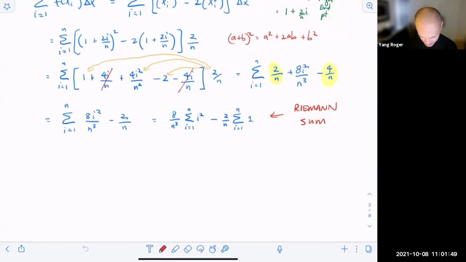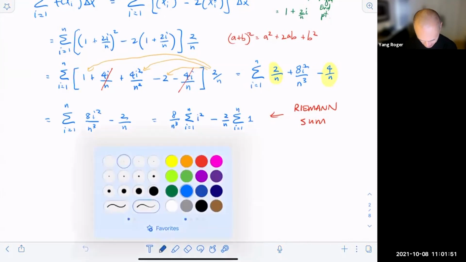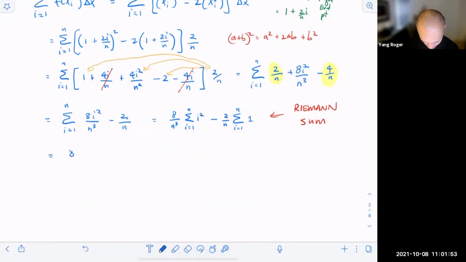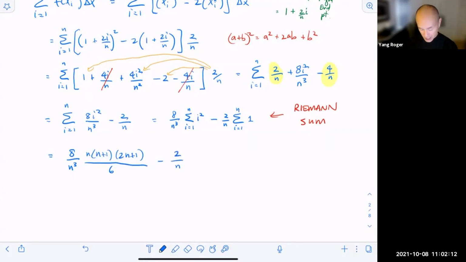Now we're going to do it. So this is going to be equal to 8 over n cubed times n times n plus 1 times 2n plus 1 over 6, and then minus 2 over n times n, because if you add 1 to itself n times, you just get n.